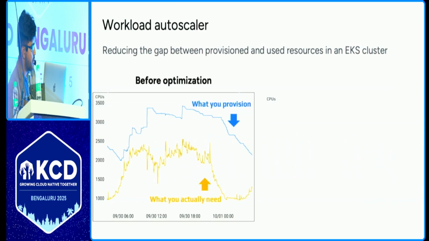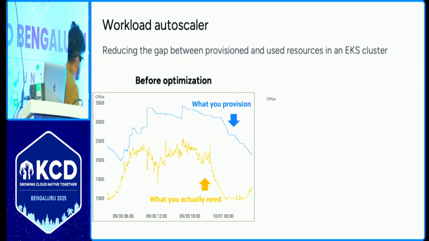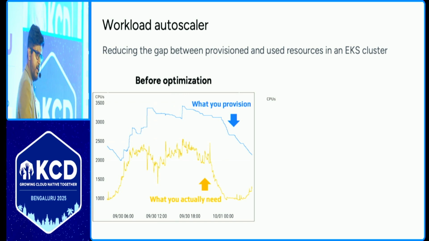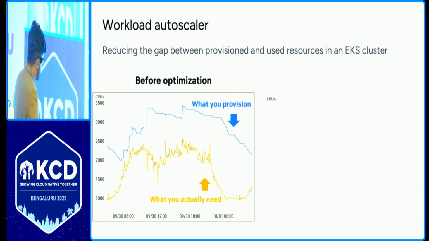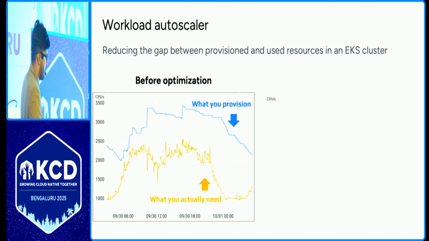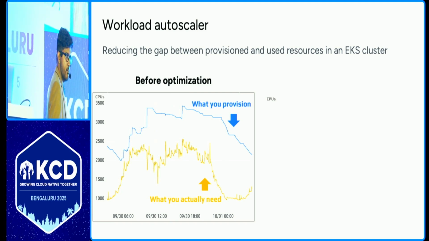Okay. So the one which I showed you is the most optimized case. But when you start, you are like this. So let's understand what we have. The y-axis is basically number of CPUs, and the x is time. It's probably a daytime. It's an e-commerce customer of ours and they have a trend. In the early morning, you are sleeping, so you are not using it.